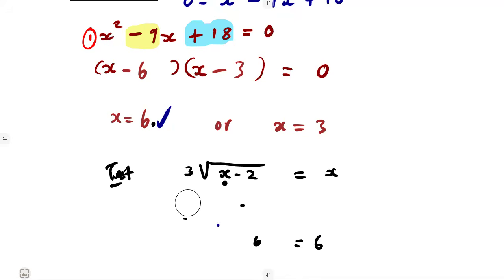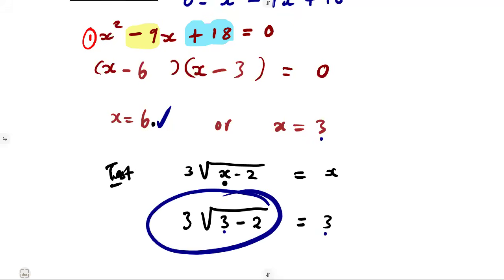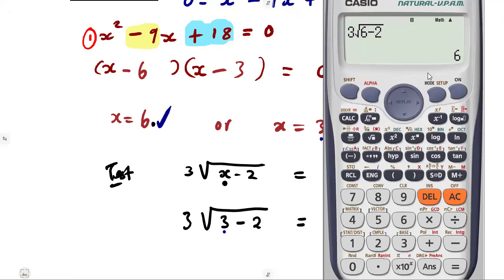So let's try another one. Our x value this time is equal to 3. In place of x, we're going to substitute a 3. So this was 3 square root of 3 minus 2, is equal to x. At that moment, it's supposed to be equal to a 3. Remember, you're substituting x, which is 3. So let's test, guys, and see if we obtain that. In place of our x this time, I'm going to remove this and put a 3.